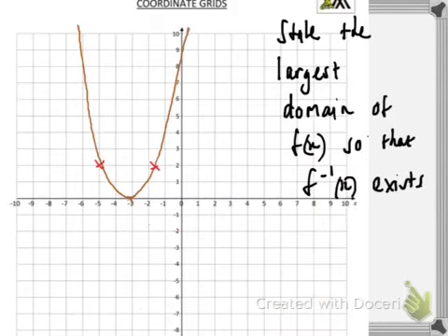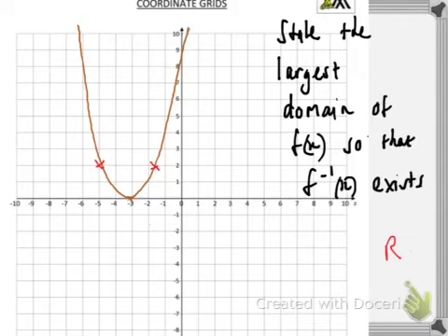But if we restrict the domain in the original, at the moment our domain is R, all the real values. If I restrict that domain though, I can get my inverse to a situation where it's a function. This is where the iPad comes in handy, because I can demonstrate how this works.